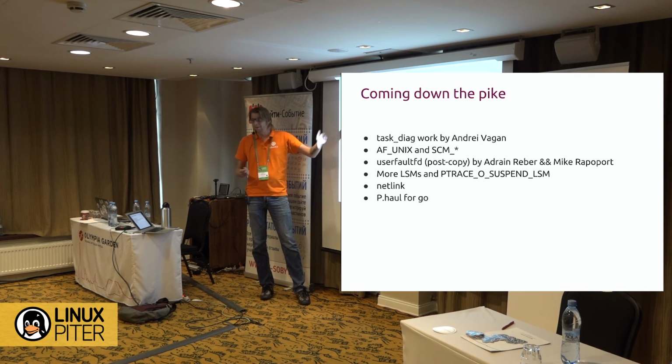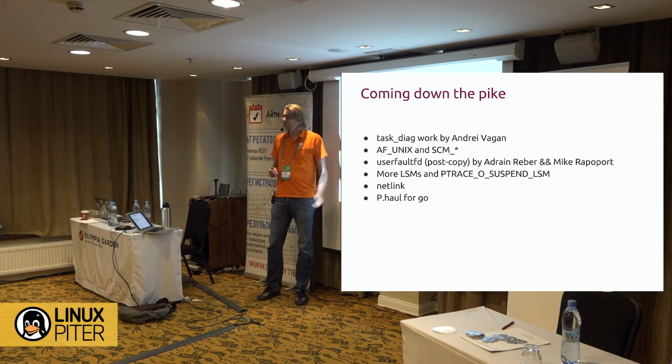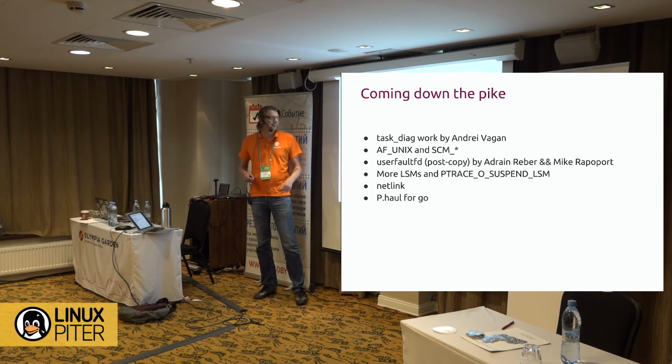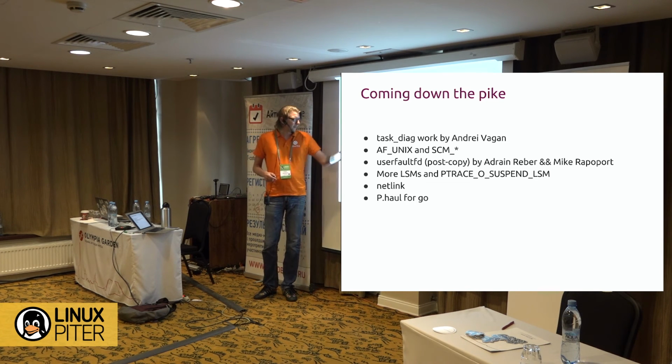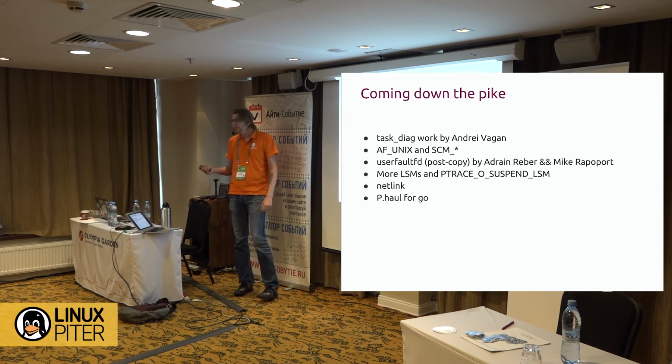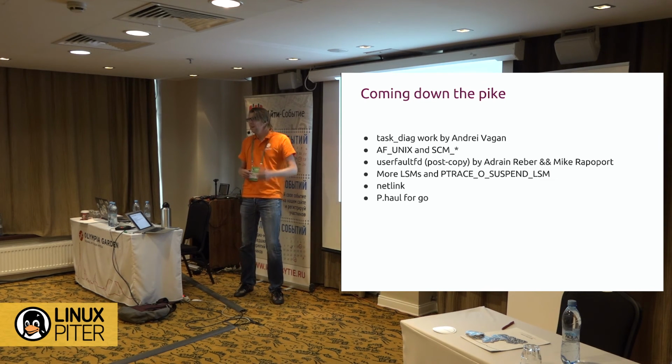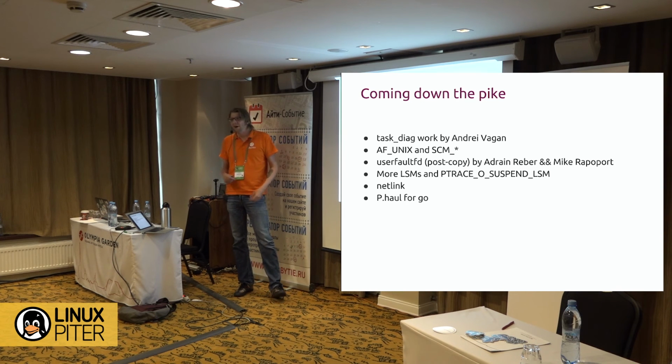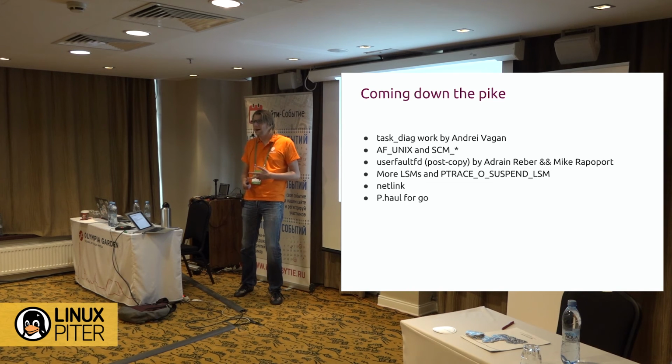So if I come back next year, maybe I'll have another quote from a different maintainer that says the same thing, like, this gives me the creeps. Netlink is a big one. For those of you who don't know what Netlink is, you can basically talk to the kernel and ask it for various state about the crypto API. You can ask it about routes, things like that.